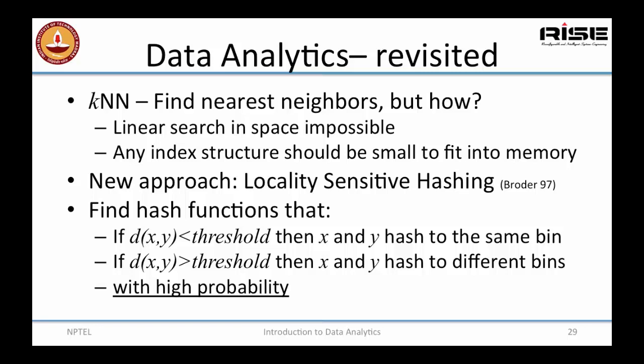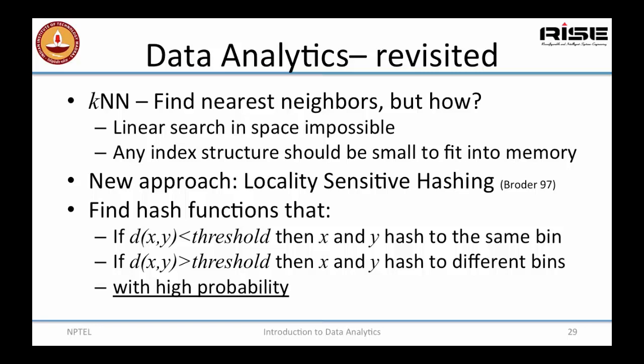So there's a new approach for finding neighbors in data called locality sensitive hashing, introduced by Andrei Broder and others. The basic idea here is to find hash functions. You remember hash functions? They are functions that take a key as an input and hash it into one of n buckets.